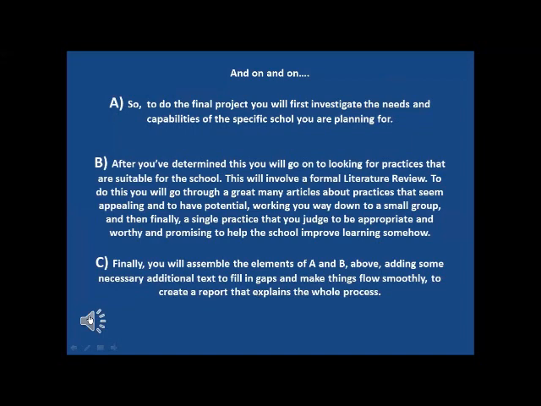After you've determined what the school's like, what are its needs, which areas need improvement, what are the capabilities of the school to prove that you can count on your planning, you're going to move on to the next segment, the literature review. And the literature review really is the central segment and the reason for the final project.